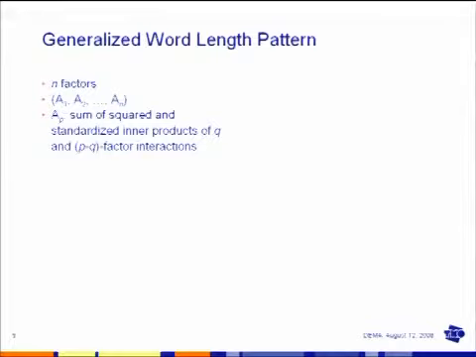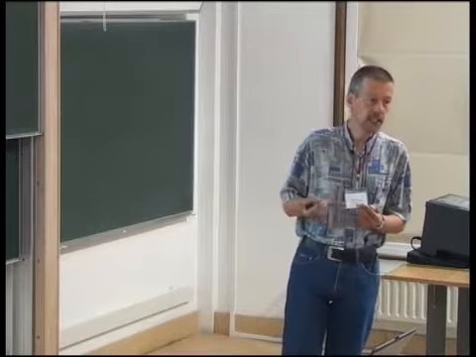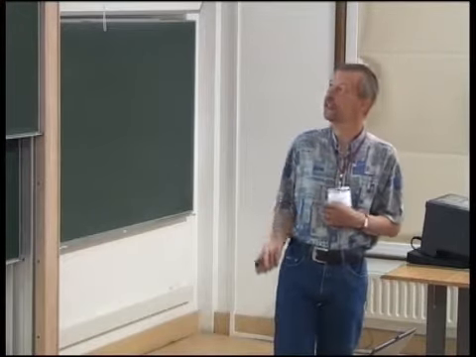So, for example, if you look at the third position and you consider the meaning of the figure at that third position, it tells you something about the aliasing of, for example, the main effects and the two-factor interactions, because the main effects are of order 1, the two-factor interactions are of order 2, and together they make up the 3, and the 3 corresponds with the third position of this vector.